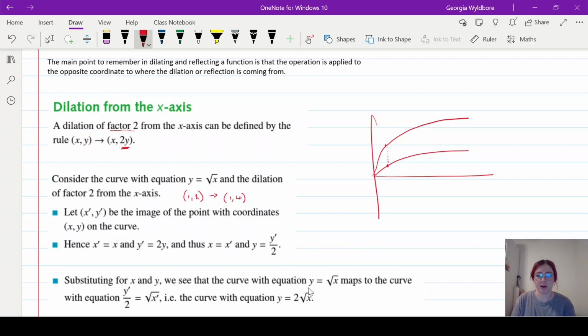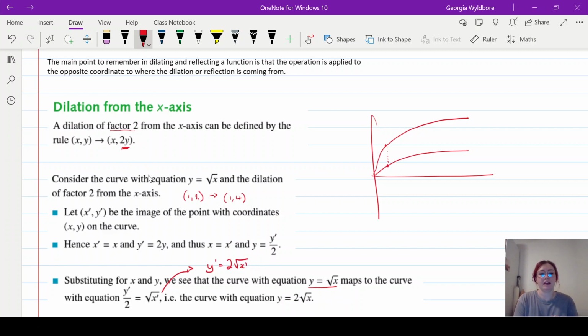So remembering that we started with y equals x squared, that's going to map to y dash over 2 equals root x dash, which we can rearrange because conventionally when you're writing an equation as y equals something, you want it to stay as y equals. So you would really want to rearrange that into y dash equals 2 root x dash.